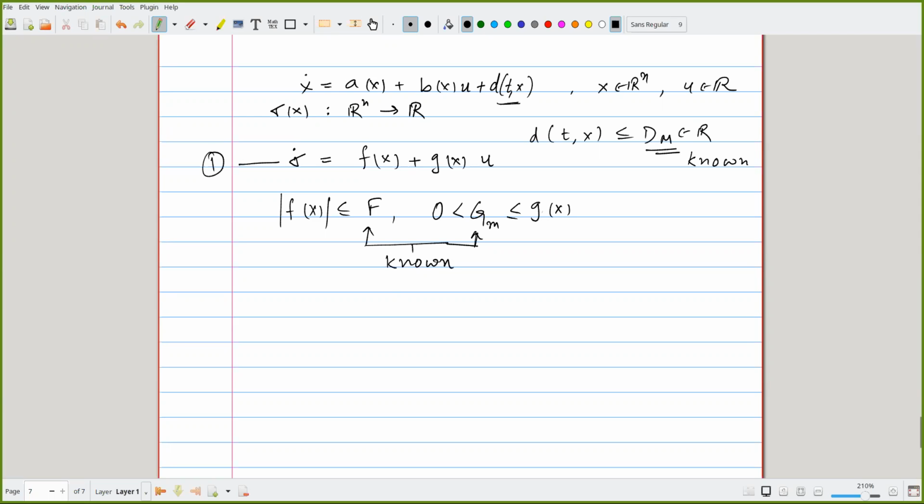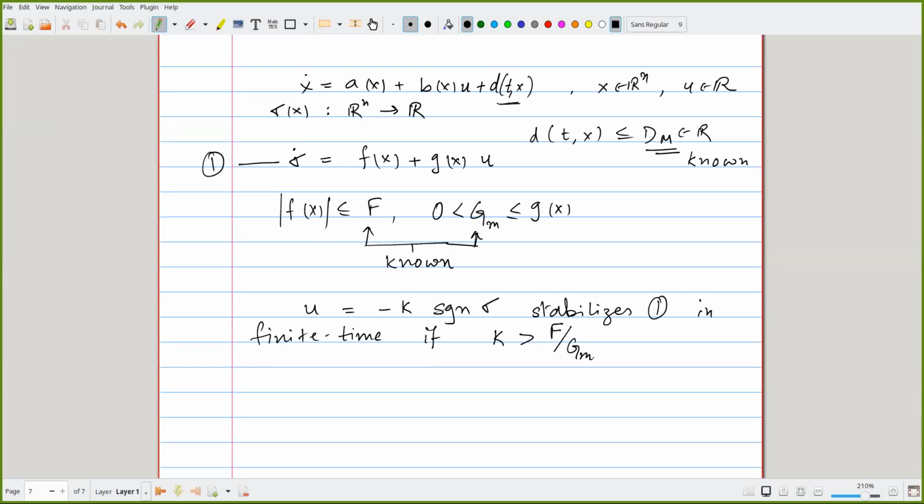Let's say this equation is 1. We can say u is equal to minus k sign of sigma stabilizes 1 in finite time if k is greater than F by g small m.